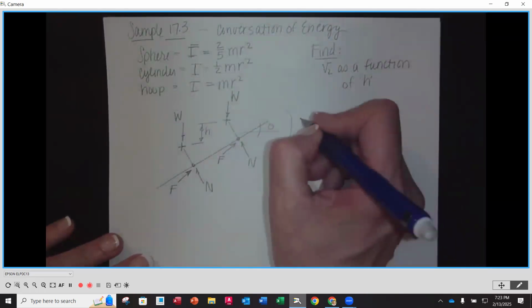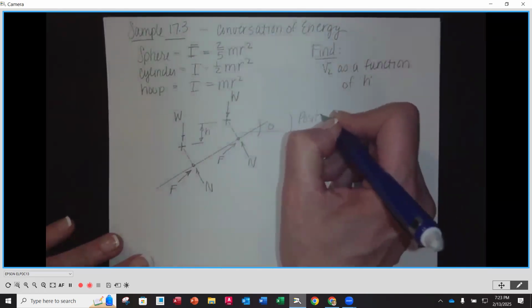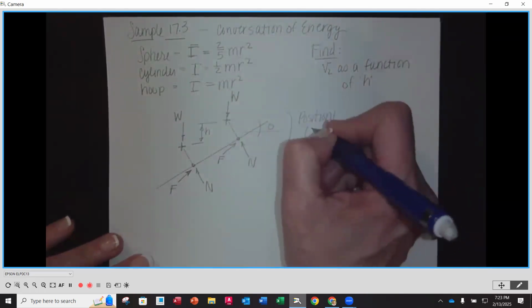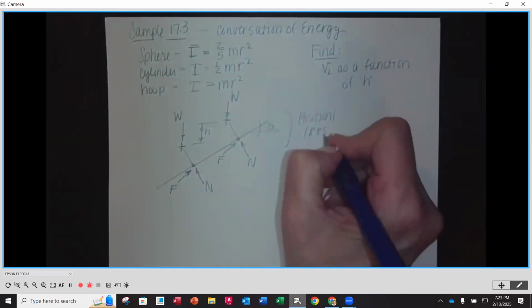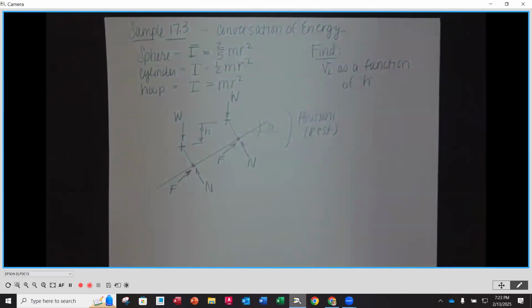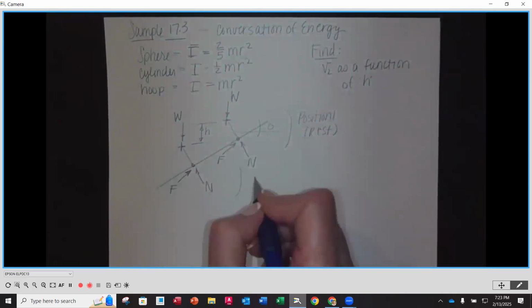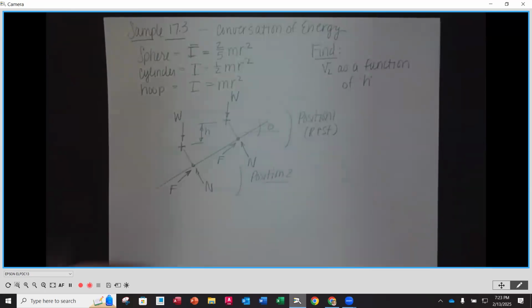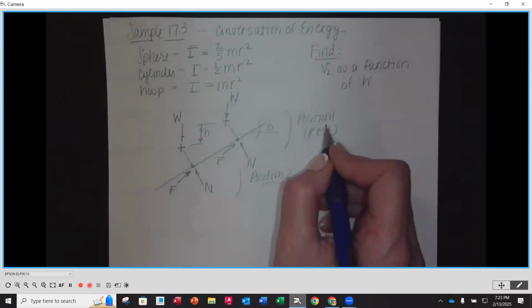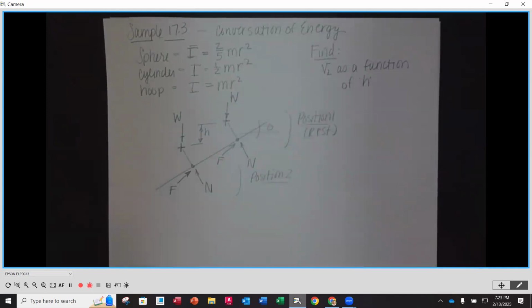So again, this is going to be position 1, and this is at rest. So we're just holding any one of those, the sphere, the cylinder, or the hoop, at the top of the ramp. And then down here is position 2. Okay. So position 1, position 2.